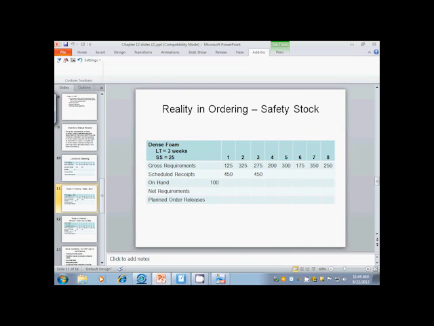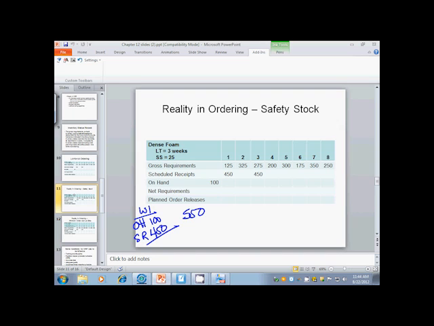So let's start out again with week 1. Taking a look at what we had on hand at the end of our last time bucket, it was 100. We do have a scheduled receipt in week 1 of 450. This gives us 550 units of the dense foam to work with.